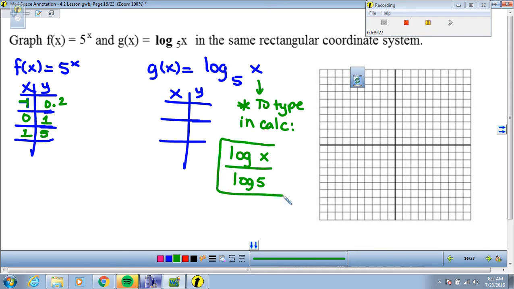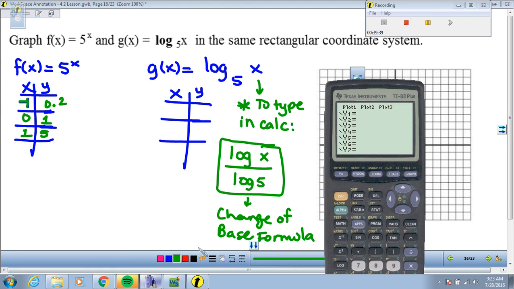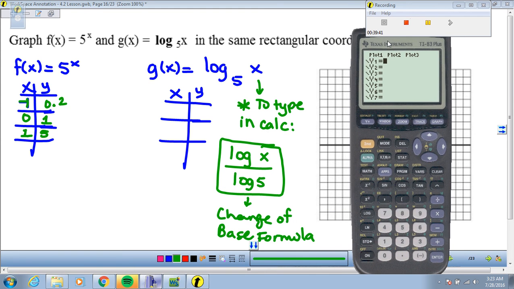This is called the change of base formula. And why do you need to do this? Because I already explained that the calculator does not recognize any logarithms with bases other than 10. So you need to let the calculator know that the base is 5, and this is your way of letting the calculator know. So log of x divided by log of 5.